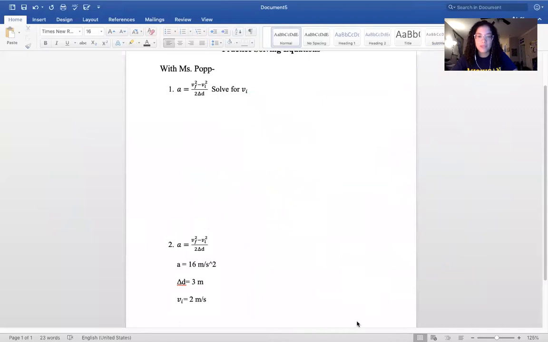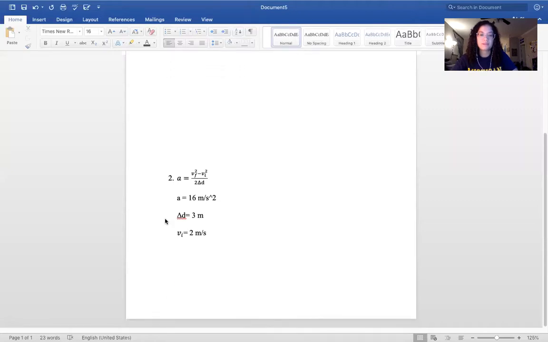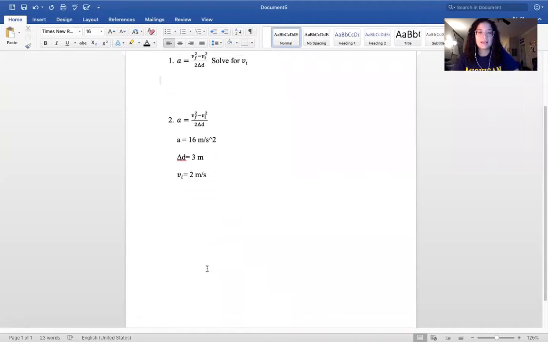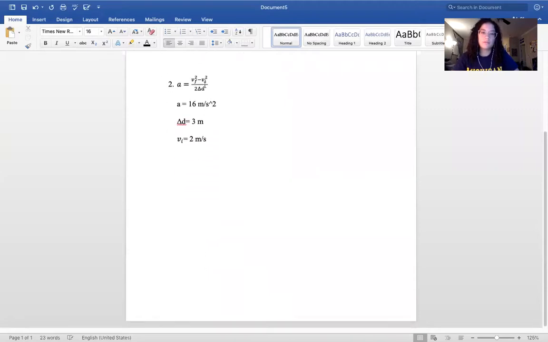Okay, so we can scroll down to the next one. Oops. So this next problem is asking us to solve for our unknown variable, but instead I'm actually given values. So I am telling you that the acceleration in this problem is 16 meters per second squared.